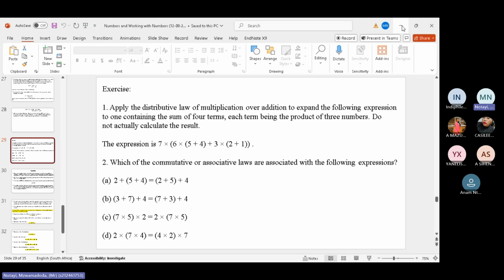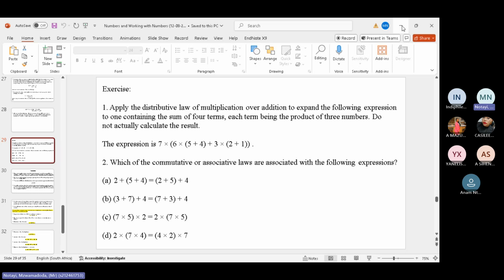The third number is common to all those terms. Look at the original expression.